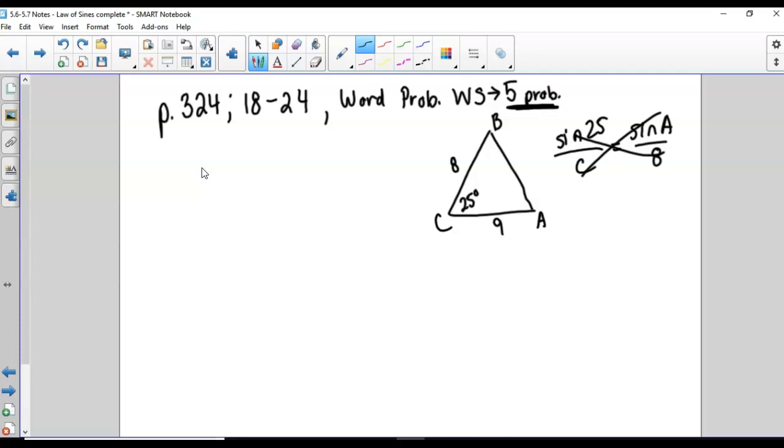But we do need to do number 18 together because 18, I did not do a problem like this in the notes. And there's an issue with it. So for 18, they tell you a is 6, b is 8, and capital A is 150 degrees.